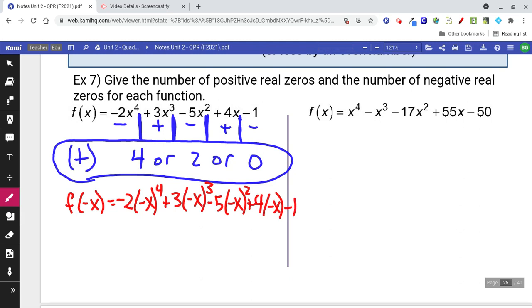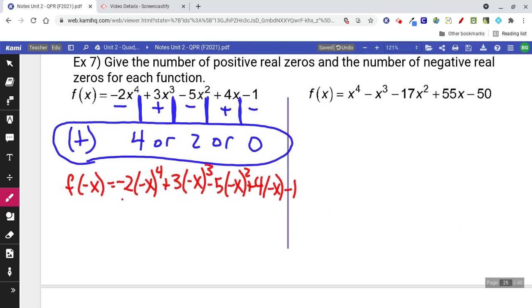All right, now, it's not quite as obvious as the last one, but look at each of your terms. I have a negative and then 1, 2, 3, 4 more negatives once I take it to the 4th power. That's 5 negatives, which will be negative. In the second term, I've got 1, 2, 3 negatives, which is still negative. In the next term, I've got this negative 5, and then I've got negative squared.